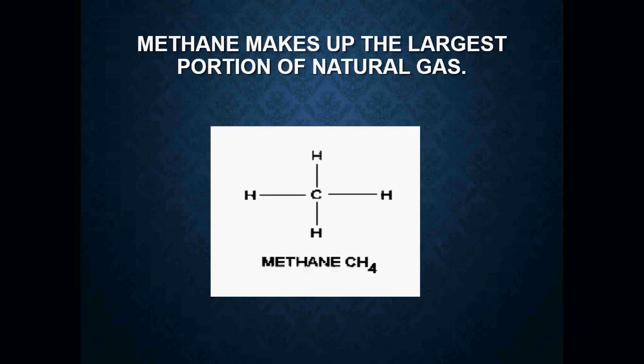Okay? For example, here, methane. Methane makes up pretty much the largest portion of natural gas, is methane. Methane has 4 hydrogen atoms and 1 carbon atom. Okay, so the chemical name for methane is CH4. 1 carbon atom to 4 hydrogen atoms.